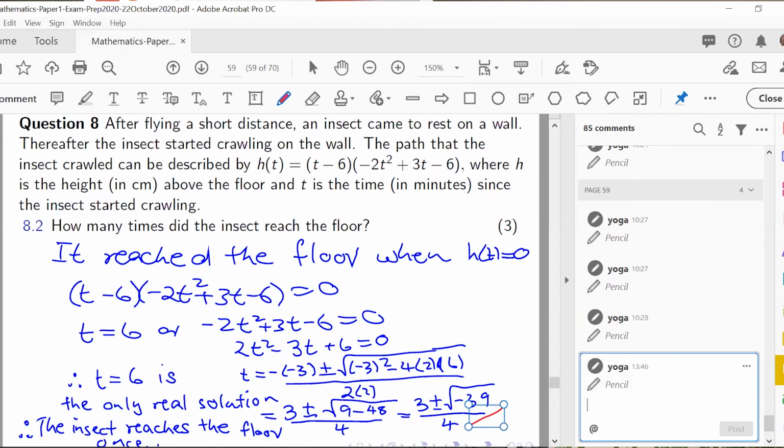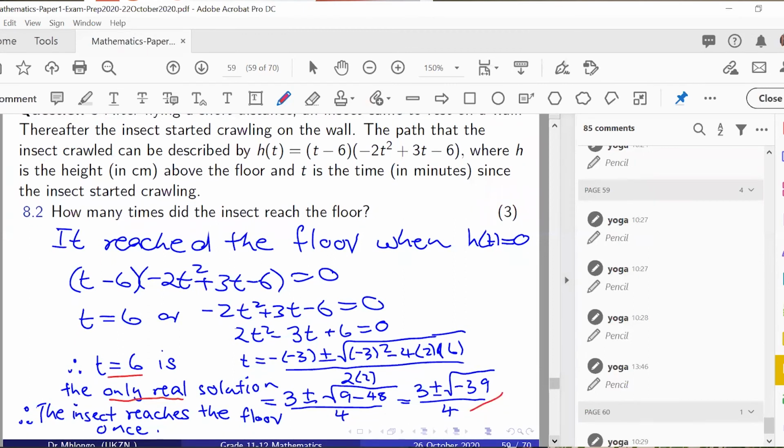So there is no real solution in this case. And the only real solution is 6. So that tells us that the insect reaches the floor only once, at time t equals 6.